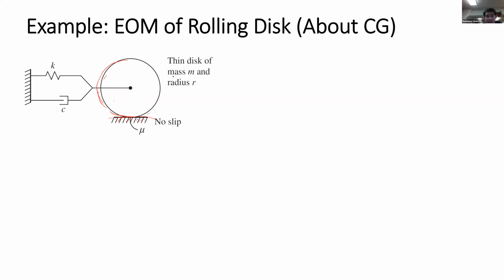And the disk has mass m, radius r, and it's a thin disk. So from this knowledge, we should know that the moment of inertia about the CG of the thin disk is equal to 1/2 m r squared.